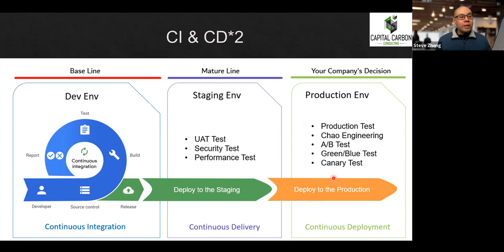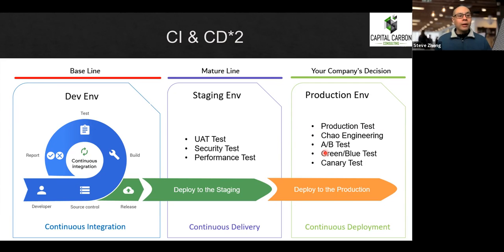And sometimes the company performs chaos engineering, like A/B testing, blue-green testing, and canary testing in the production environment. And those testing strategies are the release strategies of the production environment.